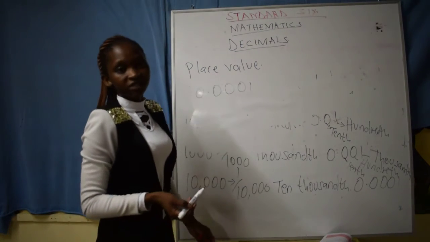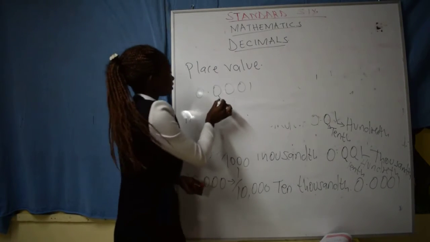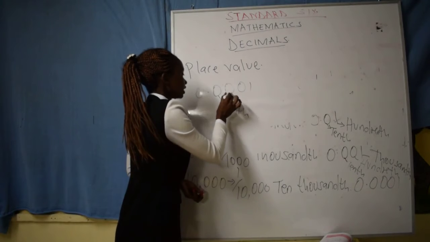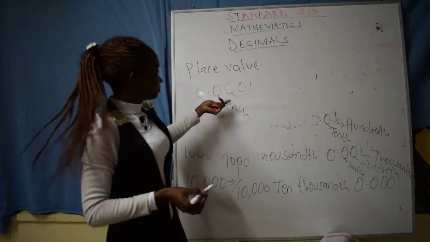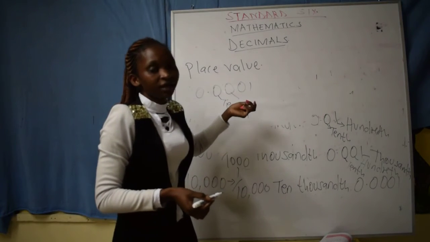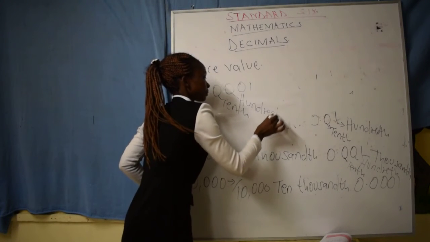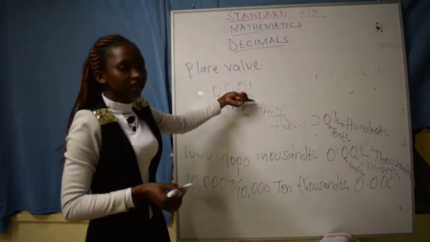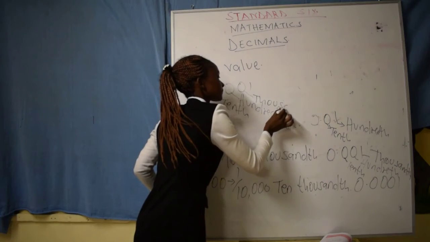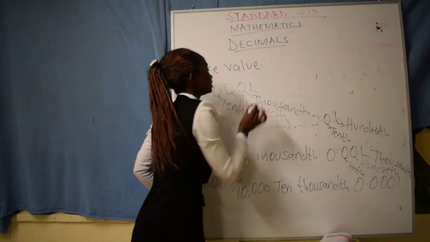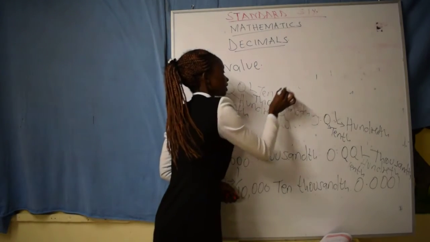Therefore, class, what is the place value of the first digit after the decimal point? Tenths. Very good. The second digit after the decimal point, class? Very good. Hundredths. How about the other 0? Absolutely right. Thousandths. And lastly, the place value of digit 1. Very good. Ten-thousandths.